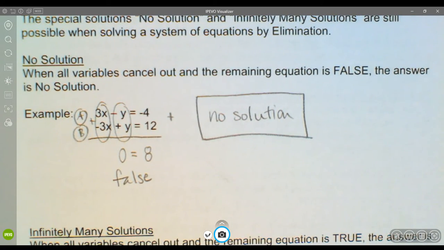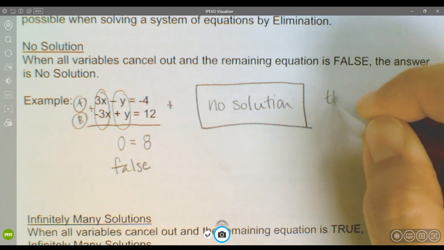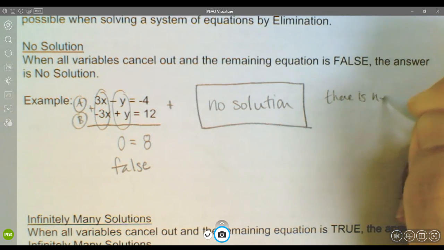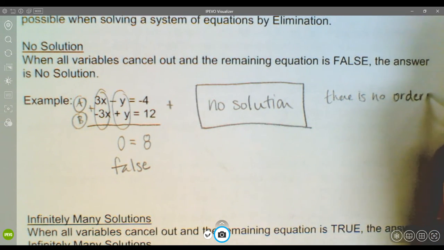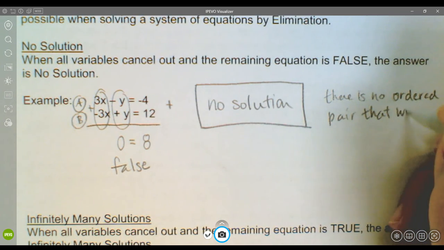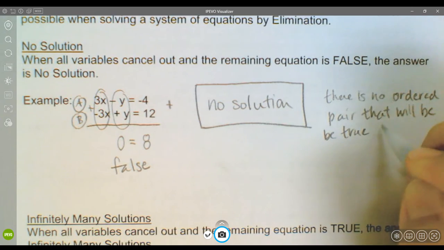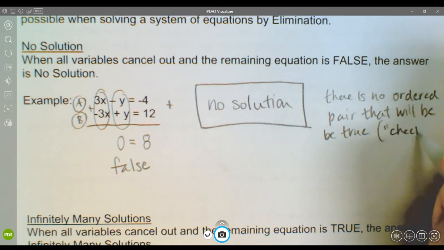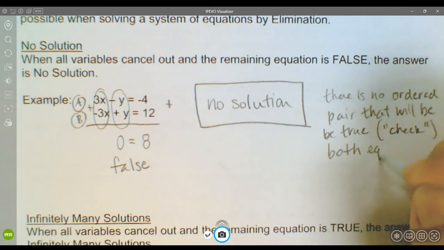There is no ordered pair that will be true for both equations at the same time. And that's actually what I should say here. There is no ordered pair that will be true, or, we say that will check both equations at the same time.